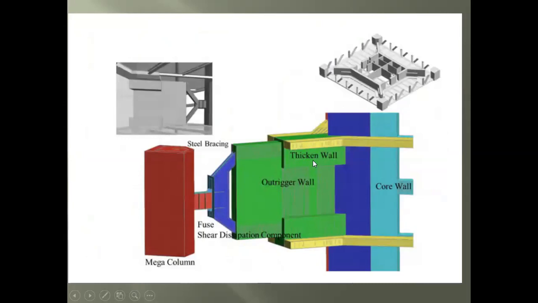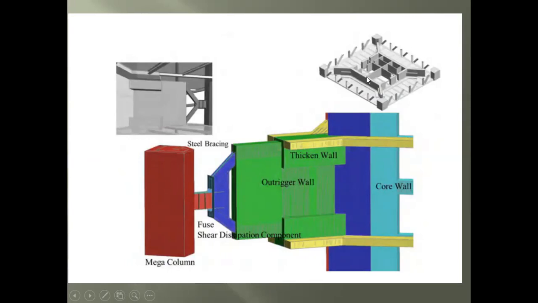So here is an example of using the outrigger system connected to the mega column at each of the edges, and how it transmits the loads accepted by the external part of the building to the central part of the building, to the core walls.